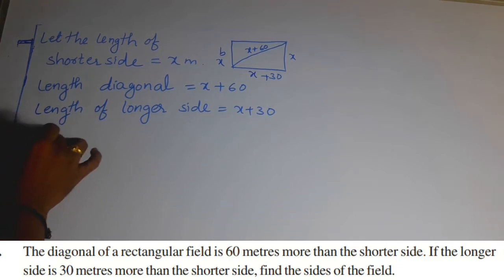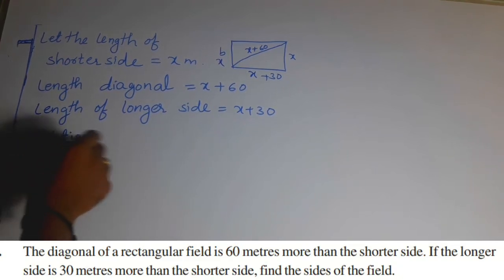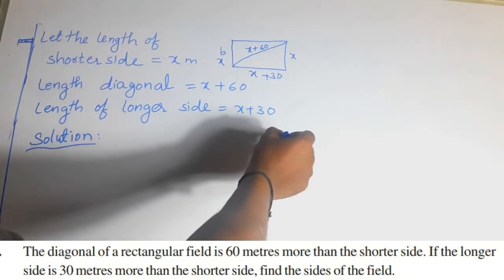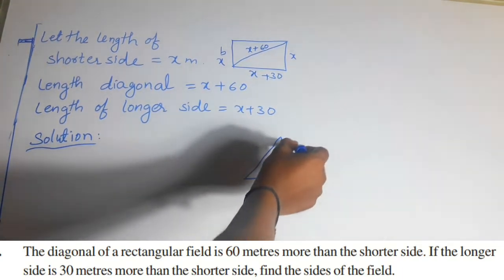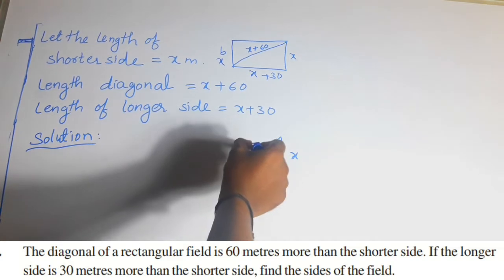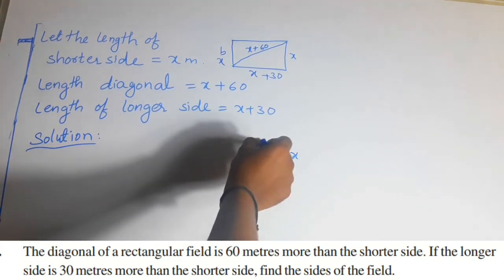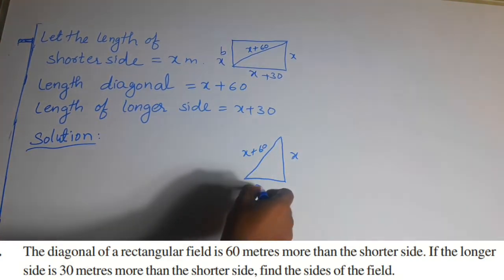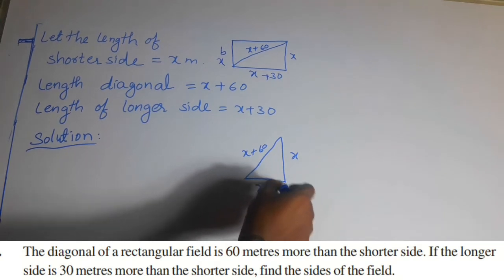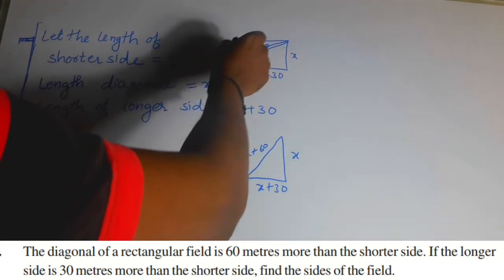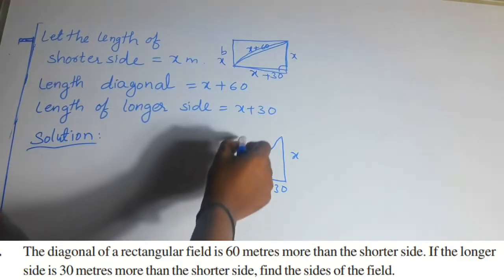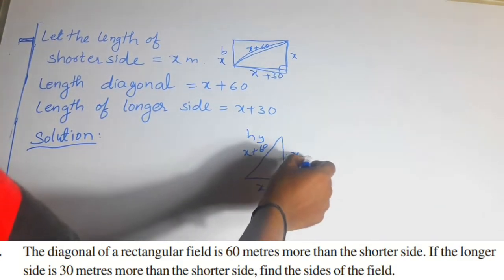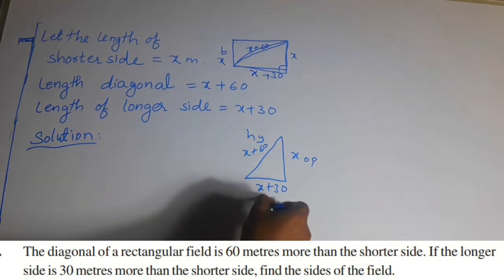Solution. Just see the diagram here. This is x, this is the diagonal, and this is x plus 30. Here it is forming a right angle triangle. This is the hypotenuse, this is the opposite side, and this is the adjacent side.